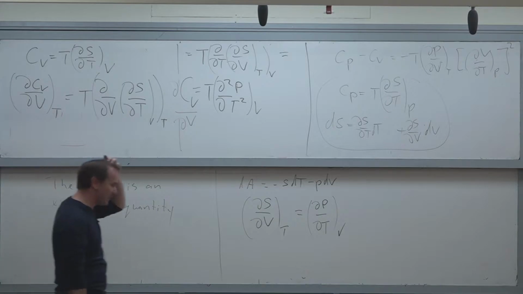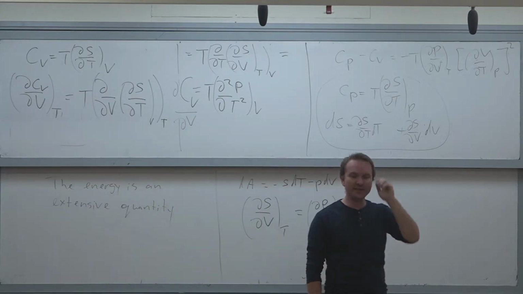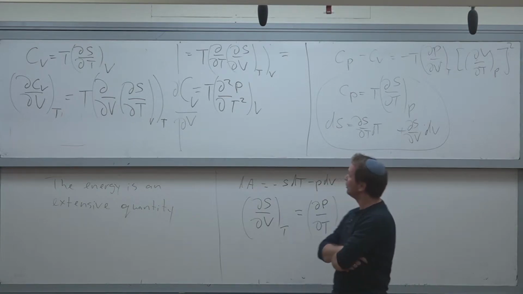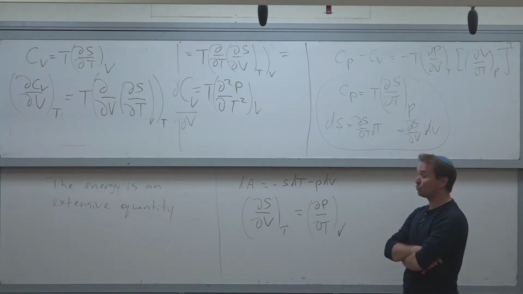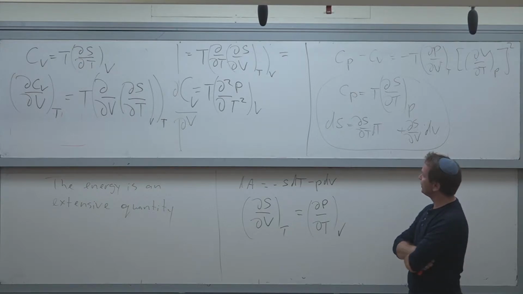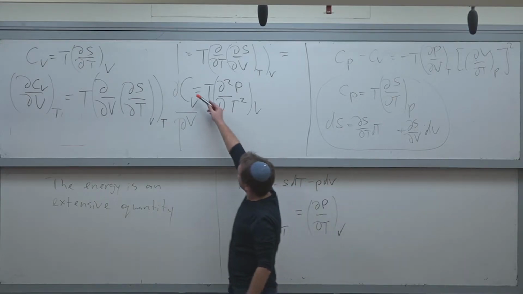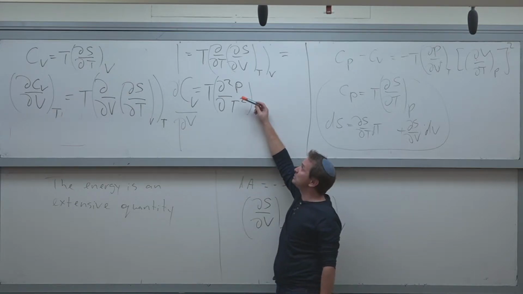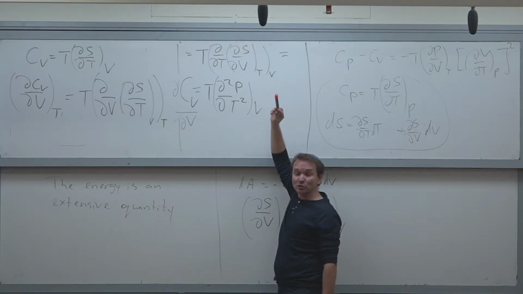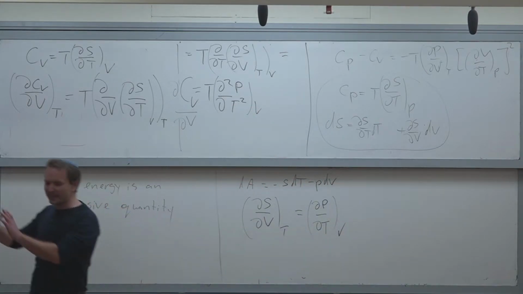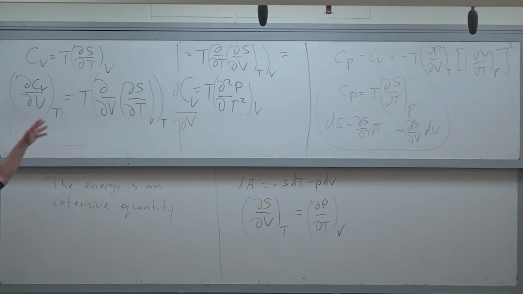Sometimes they cannot compute, for example, the heat capacity on its own. They can compute the changes in the heat capacity or the changes in the entropy. They cannot control entropy, but they can control pressure and temperature. They have problems with controlling the heat capacity, but they have absolutely no problems with measuring the pressure of the system and changing the temperature. That's it. So for the sake of those experimentalists, we have all those relations.